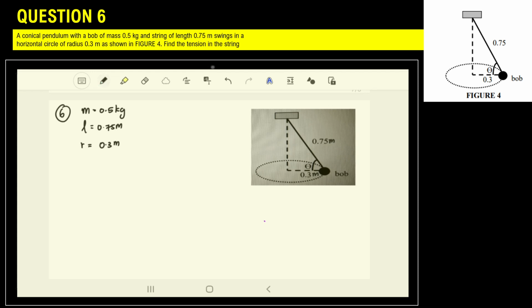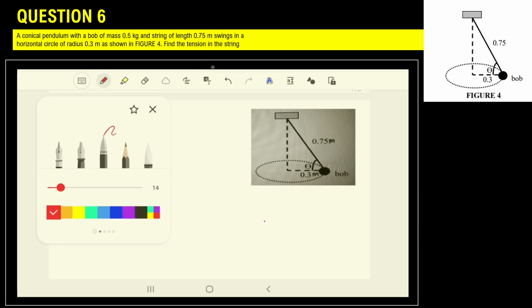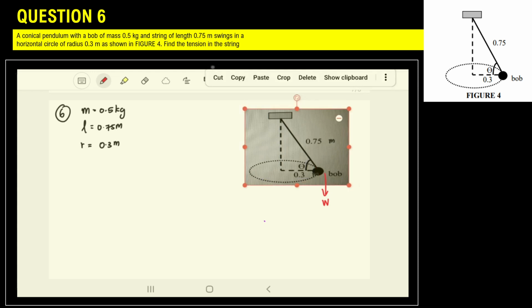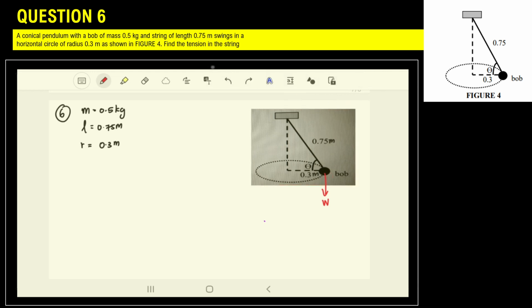Let's start. We have the weight of the bob, as usual, and then the tension. The tension must be directed outward from the object.